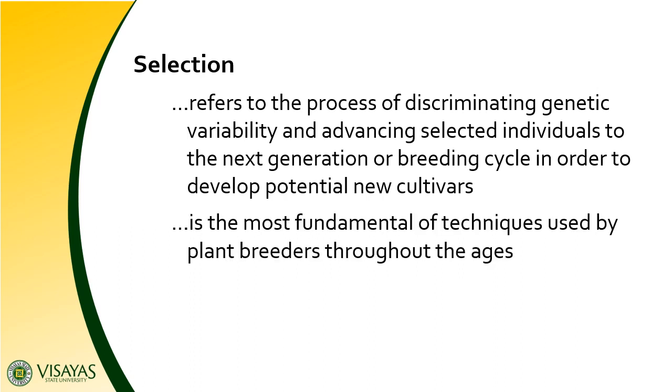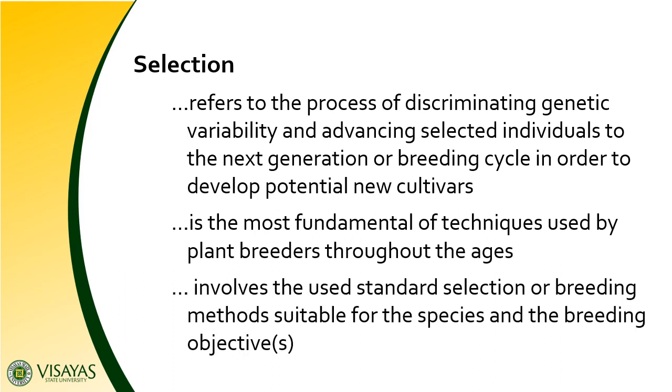It is the most fundamental technique used by plant breeders throughout the ages, and it involves the use of standard selection or breeding methods suitable for the species and breeding objectives.